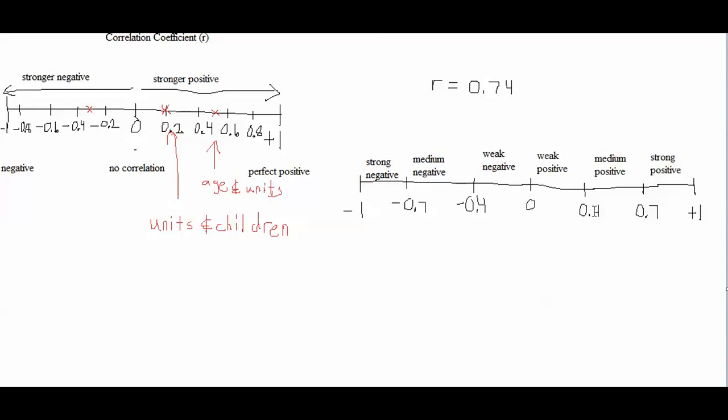So notice how these numbers over here match up with these numbers over here. So at the positive end of the number line, between 0.4 and 0.7 is a medium positive, and at the negative end of the number line, between negative 0.4 and negative 0.7 is a medium negative.